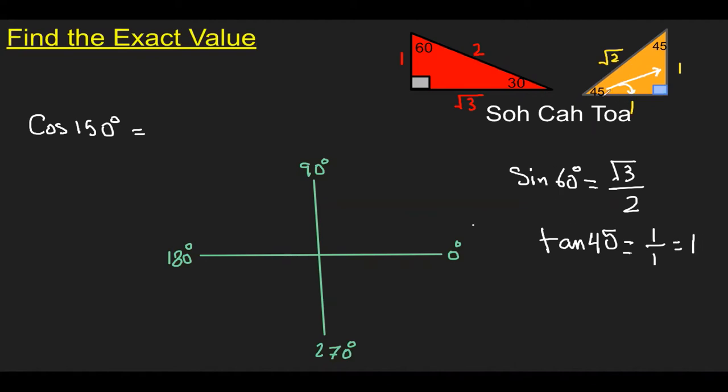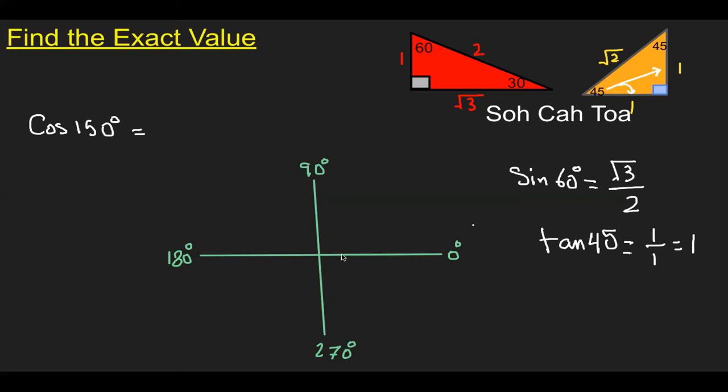Just know that adjacent means beside, and it's not the hypotenuse, because the hypotenuse is always opposite to the right angle.